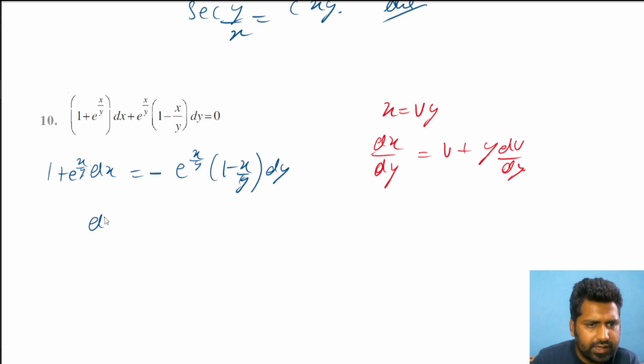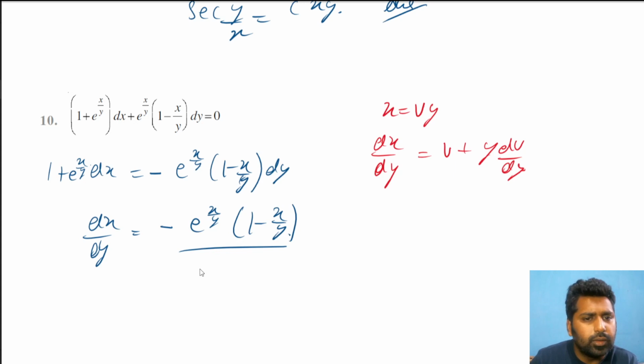And now you generate dx by dy. It is minus e raised to power x by y, 1 minus x by y upon 1 plus e raised to power x by y.